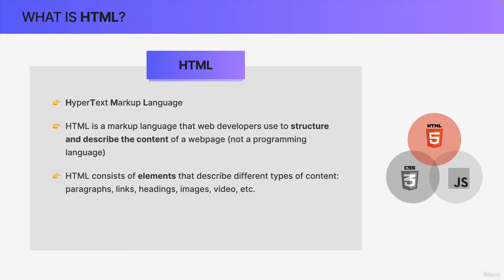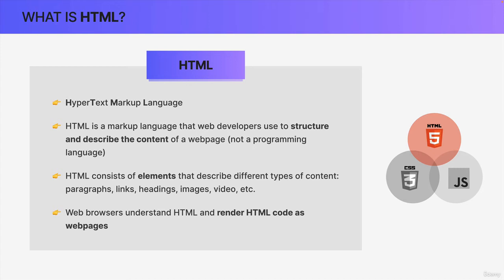Now, you might be wondering, why do we need to describe our content like that using all these HTML elements? Well, the reason is that web browsers, such as Google Chrome, actually understand HTML code and can then render the HTML that we write as actual web pages that we can see and use. Okay, so this is essentially what HTML is and what we can do with it.